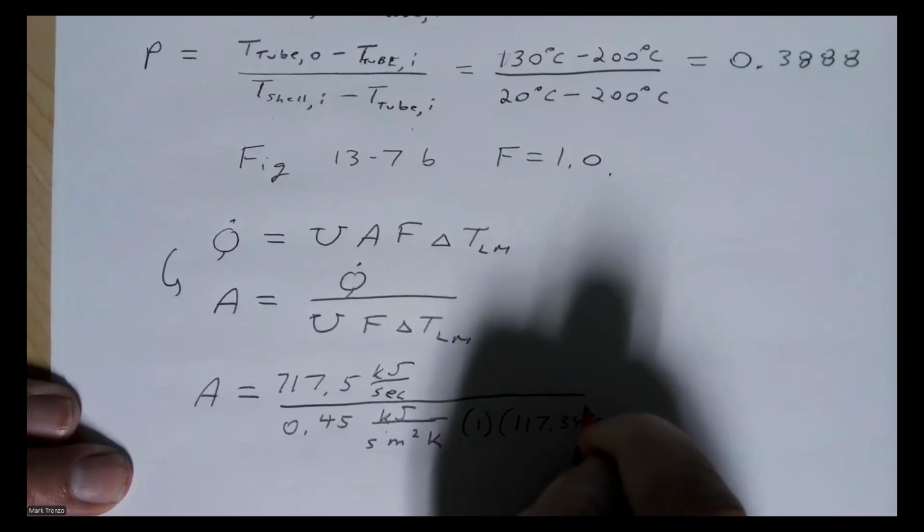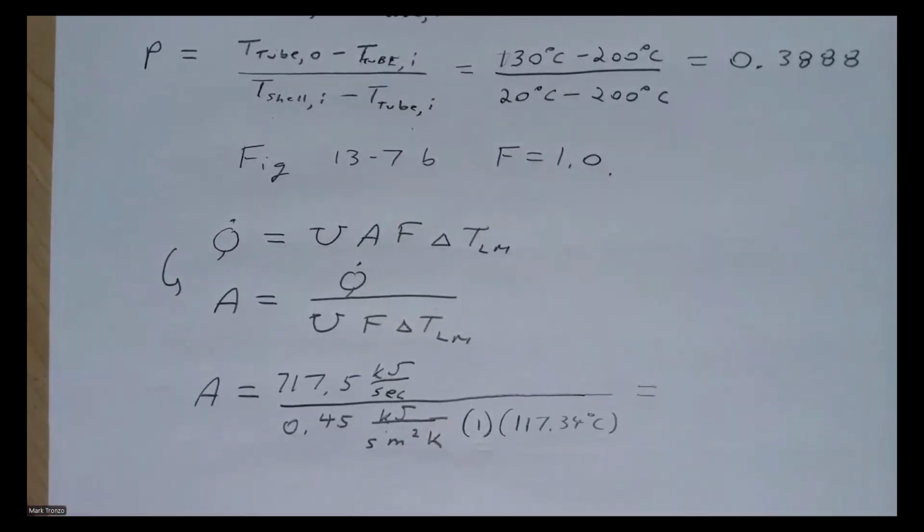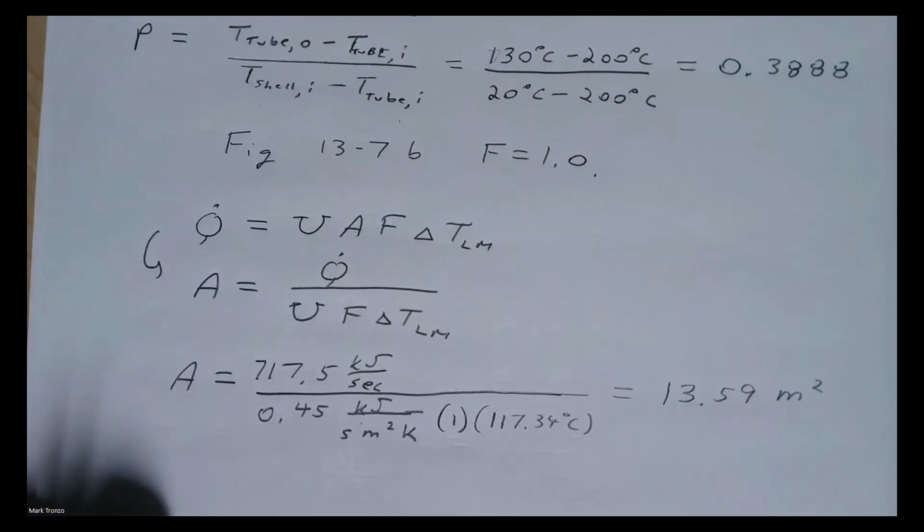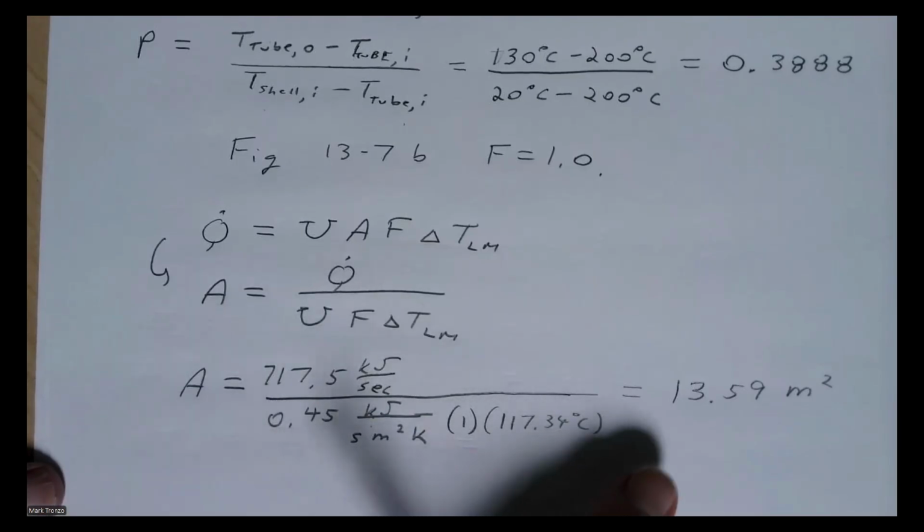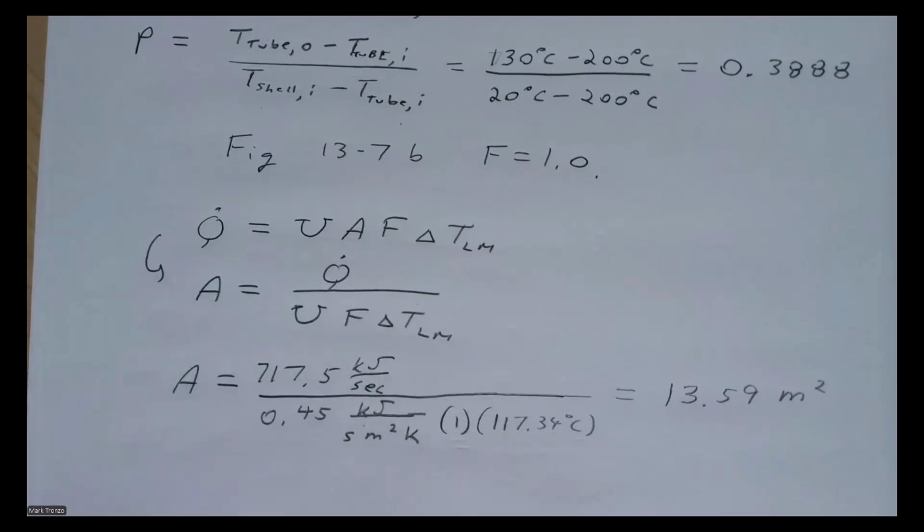Again, that could be C or K. And put that in your calculator. And I got an answer of 13.59 square meters. So that's the area required, the surface area of the tube required to achieve what we want to achieve.